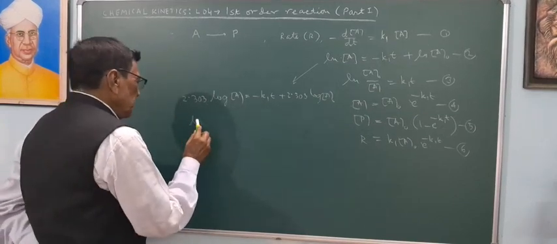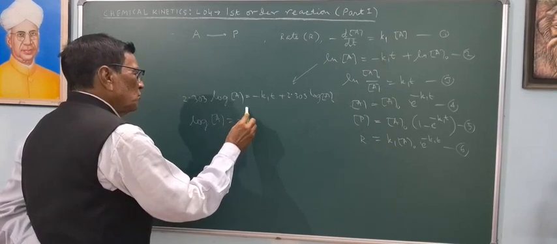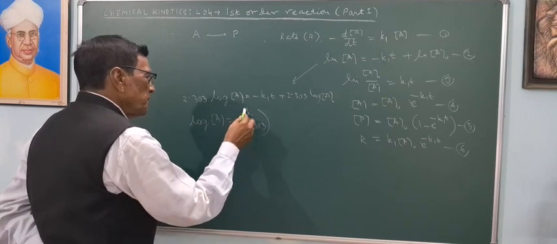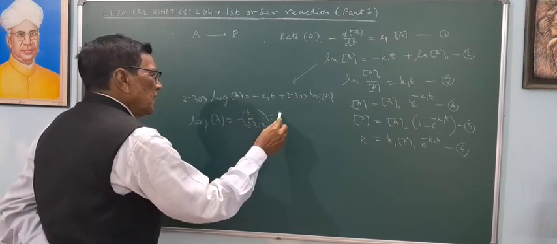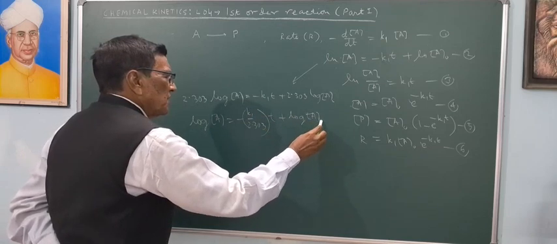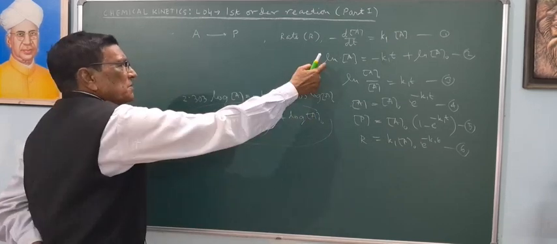So this will be log concentration of A equal to minus K1 by 2.303 into T plus log concentration of A naught. This also could be used instead of this one.